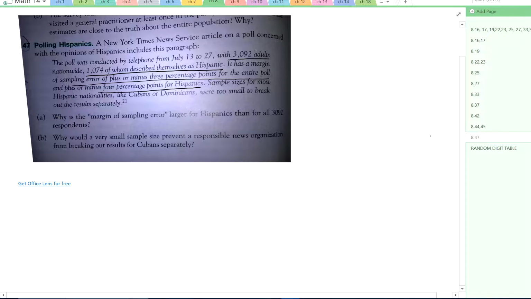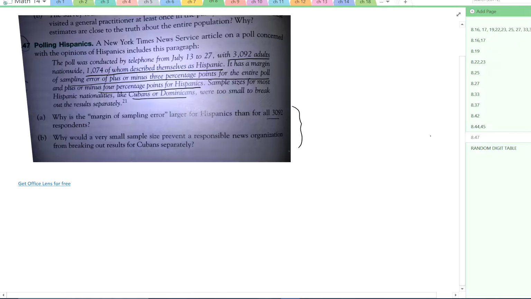Then the whole poll was within plus or minus 3%, with Hispanics plus or minus 4. Sample sizes for most Hispanic nationalities, like Cubans or Dominicans, if you break it down further, were too small to break out separately. Why is the margin of error for Hispanics larger than for everybody? And why are the other ones too small?